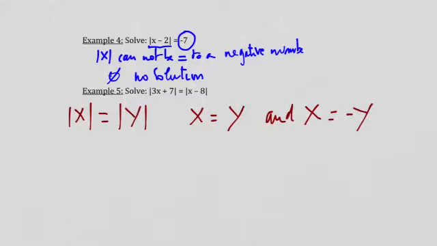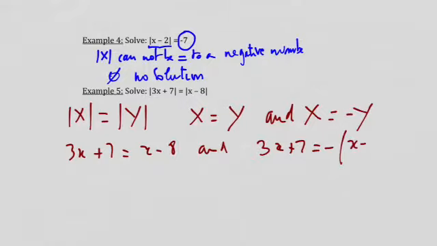Well, in that case, you are going to have 3x plus 7 equal x minus 8, and 3x plus 7 equal negative, and you have to use your parentheses this time, negative (x minus 8).